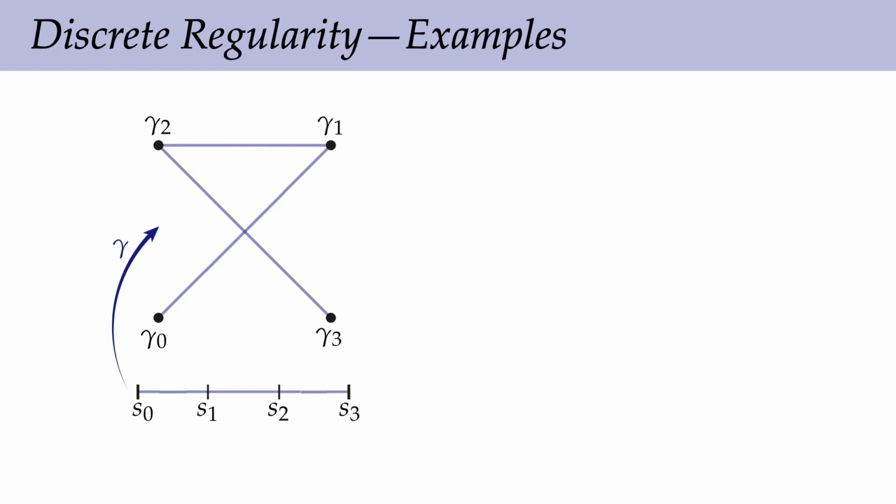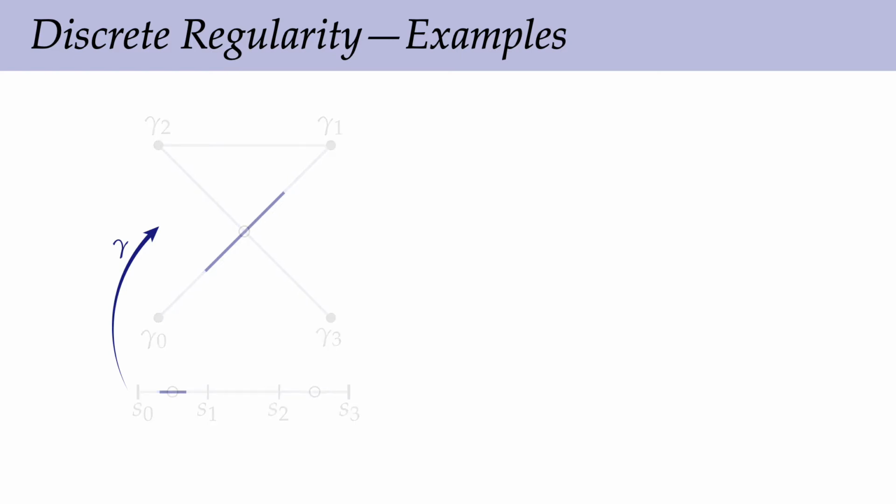There's a point where it crosses itself, and so there are 2 points in the domain that get mapped to the same point in the plane. But if I look at any sufficiently small interval around either of these 2 points, then the restriction of this map gamma to that interval is an injective map. So this little segment on the left gets mapped to just a straight line segment in the plane, similarly for this point on the right.